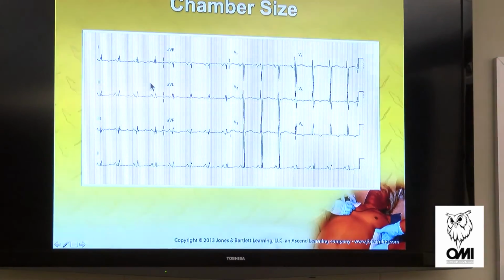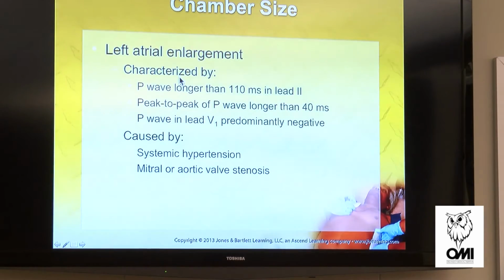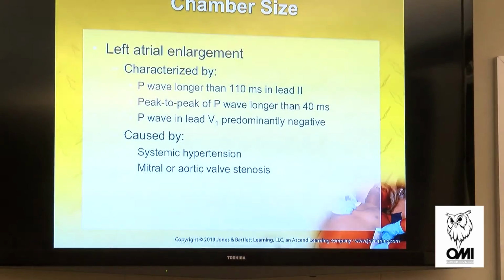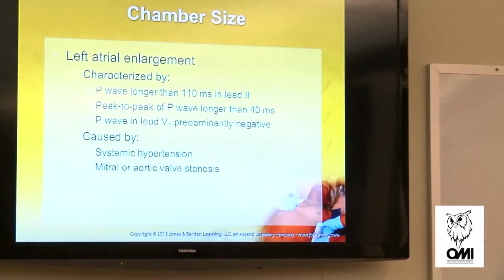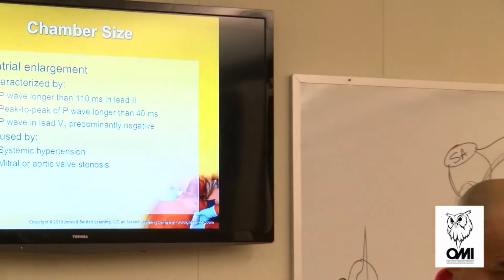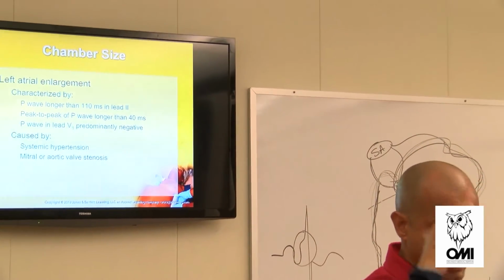So that P wave has to be large, and then you will look at the other leads. If there are long QRS complexes, well, right now we're just talking about atrial enlargement. Ventricle is something else. So you pick up atrial enlargement on the right side by a tall P wave.